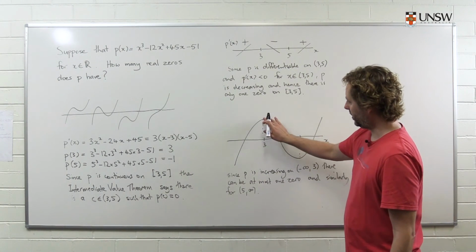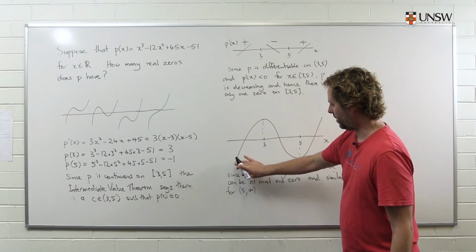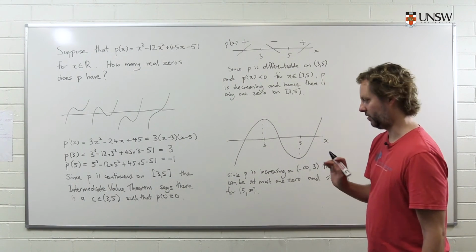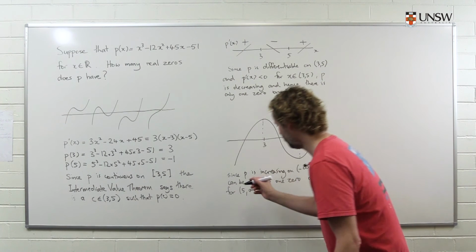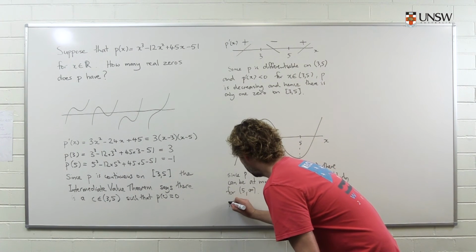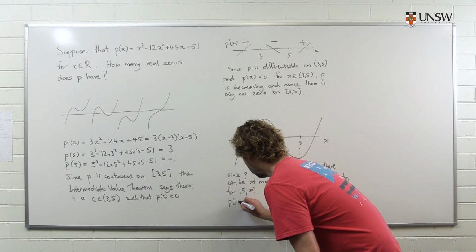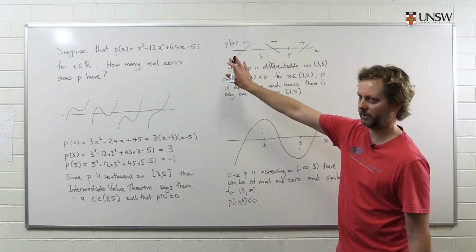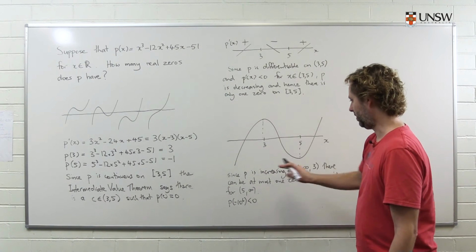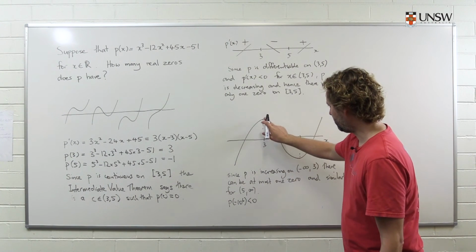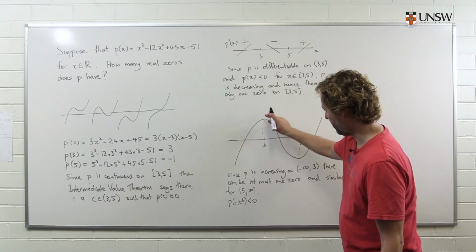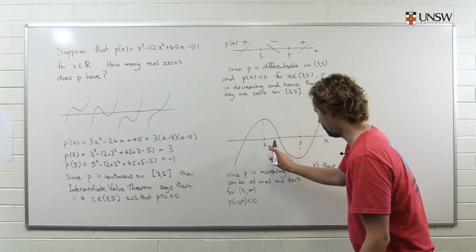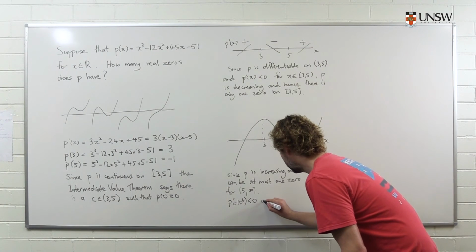So we've shown that there can be only one 0 on each of these intervals out here because p is increasing or decreasing. So let's have a look at an interval over here. And I'll just note that p of -1 million is definitely a negative number. I don't really need to calculate that. It should be pretty clear. And it's positive at this other end here at 3. So p of -1 million is negative and p of 3 is positive.